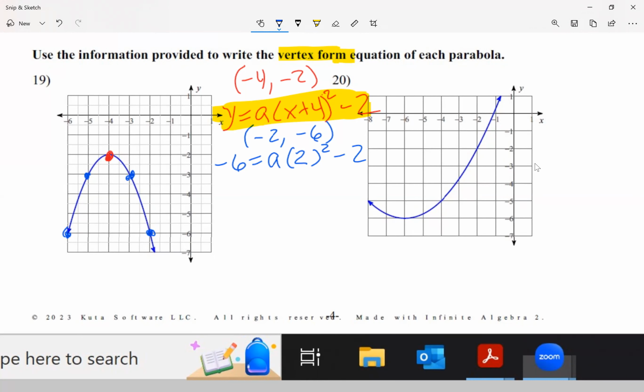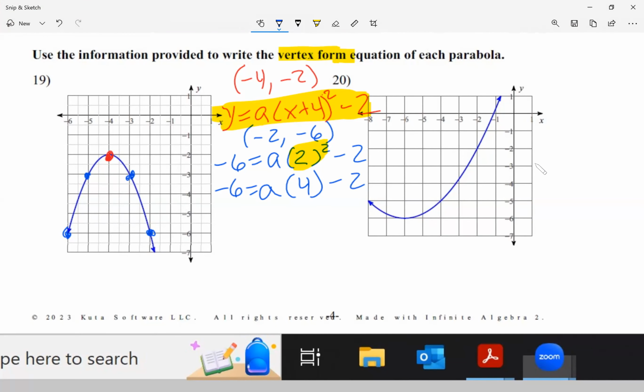Okay. Now I see an exponent, so let me write this as -6 is equal to a times 4 minus 2. Let me fix that a because it looks like a 9. Now the 4 comes from the exponent, 2 squared. That's where I got the 4 from.